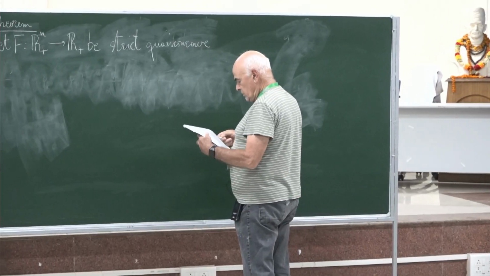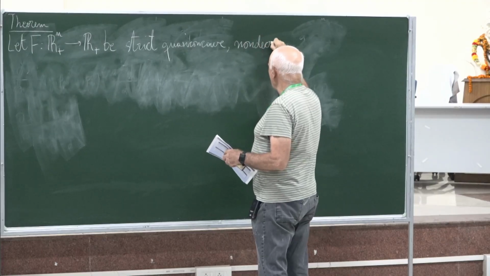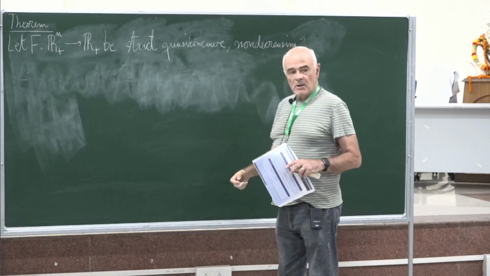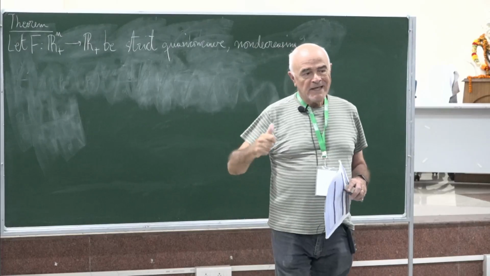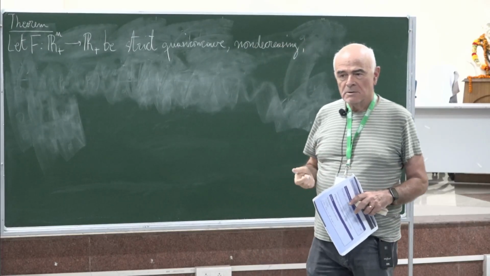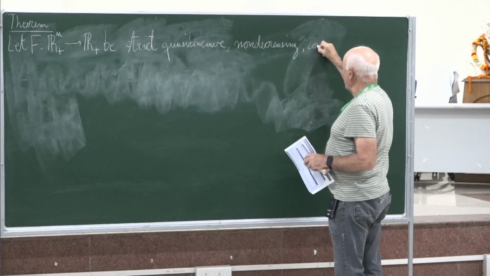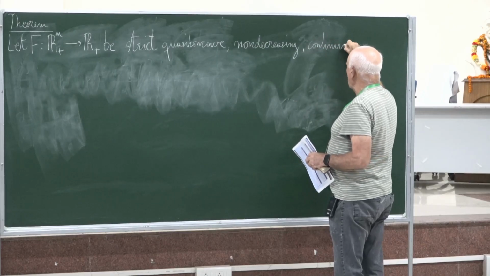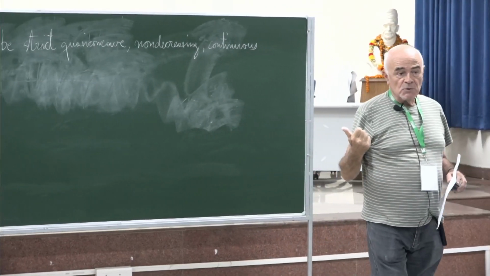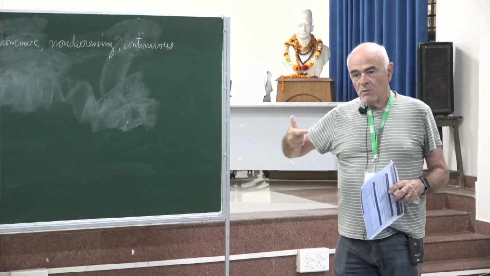So a strictly quasi-concave, non-decreasing, and now you are expecting me to write upper semi-continuous, but I will not. Instead of that, I will write continuous. I could have written lower semi-continuous, but upper semi-continuous we always have. So lower and upper means continuous.